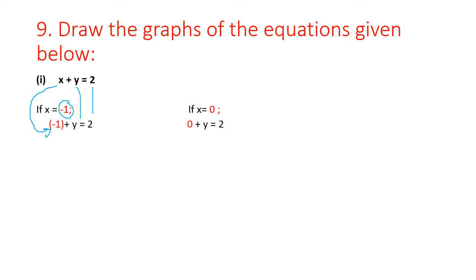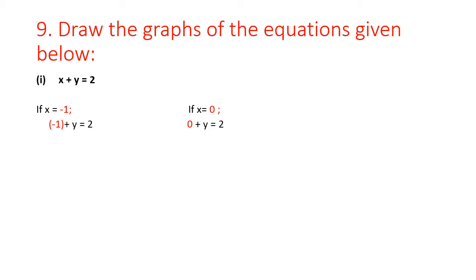Similarly, in the next equation, instead of x, I have written 0, whereas y and 2 are as it is. So we have substituted the values in place of x. These values -1 and 0 I have taken on my own. You can also take any values. You can take bigger numbers also.